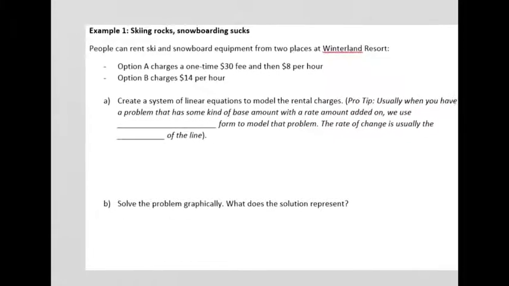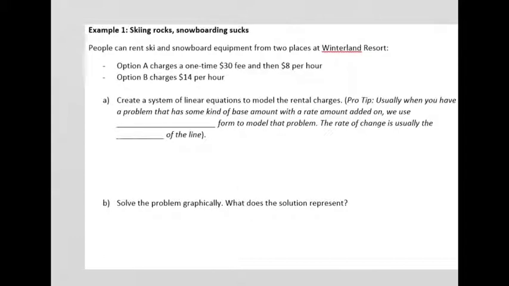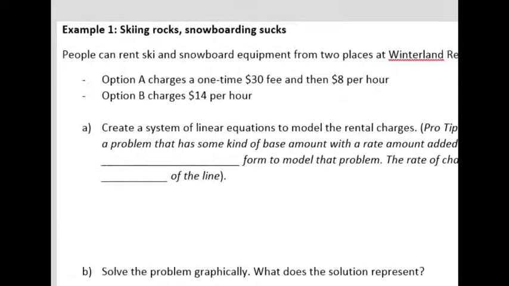Okay? Usually when you have a problem that has some kind of base amount and then a rate added onto it, such as here, right? I have a base amount of $30 and then a rate of $8 per hour added on. In this case here for B, I just have the rate, no base amount.